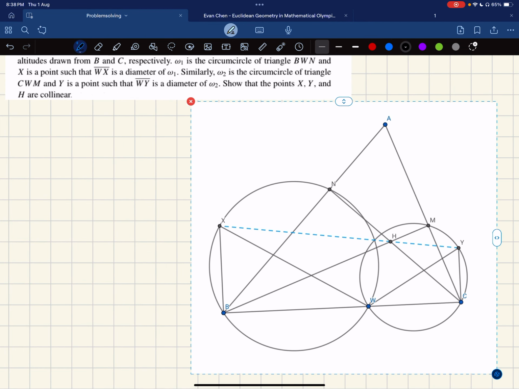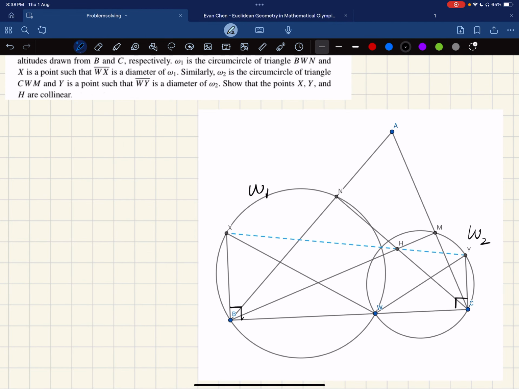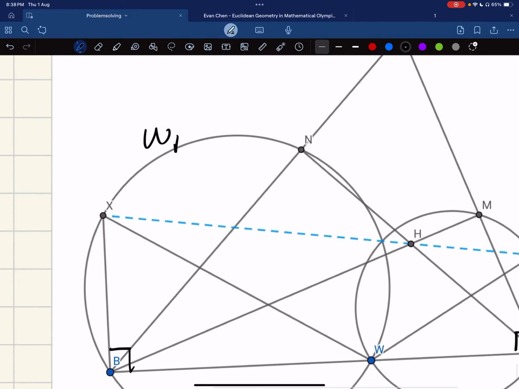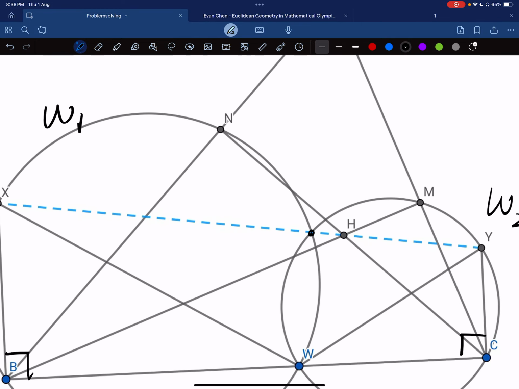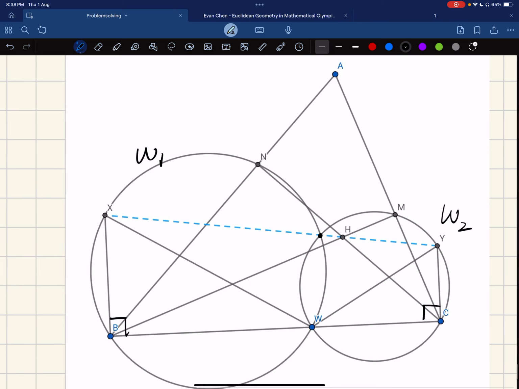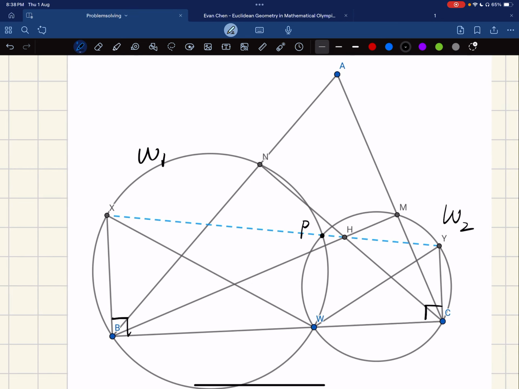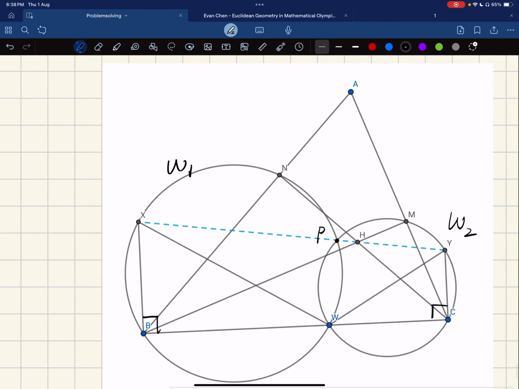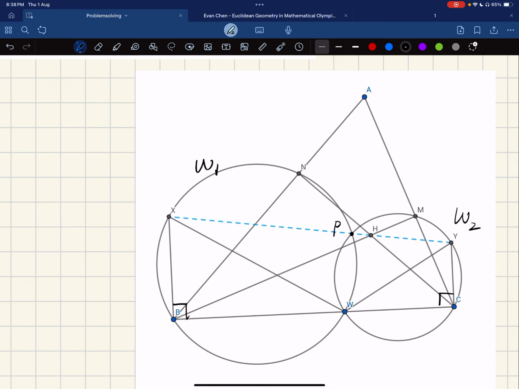For example, this point, if I call it the point P. You might think, will the two circles and XY meet at one point, which is P? The answer is yes. So how can we prove that?